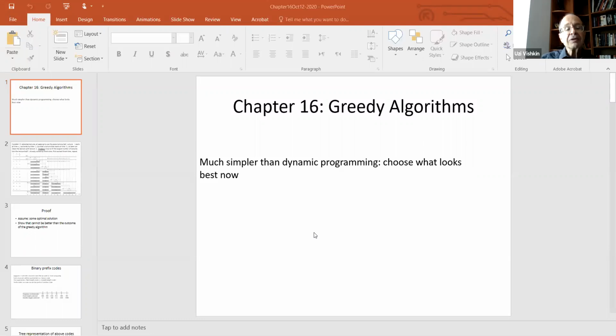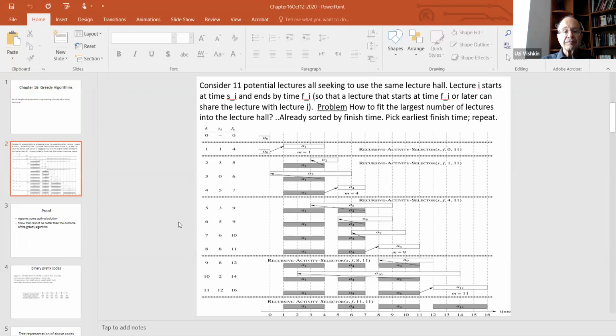Okay, so we are going to demonstrate greedy algorithms on two examples. First example, the following. Consider a lecture hall that needs to be allocated to lectures.